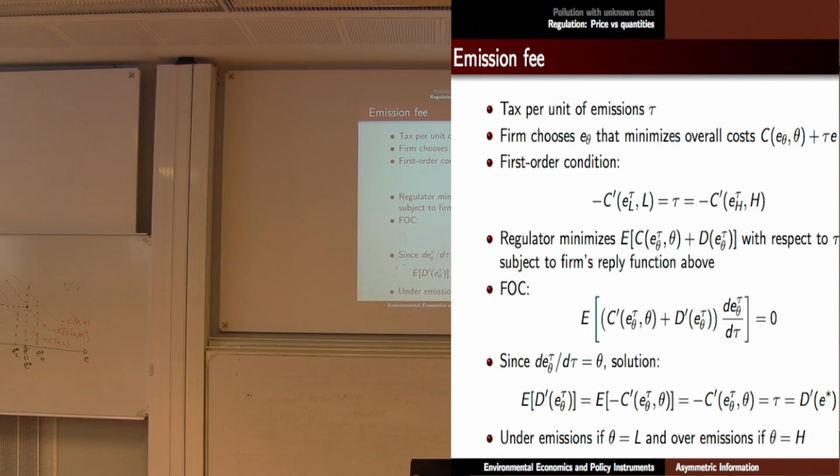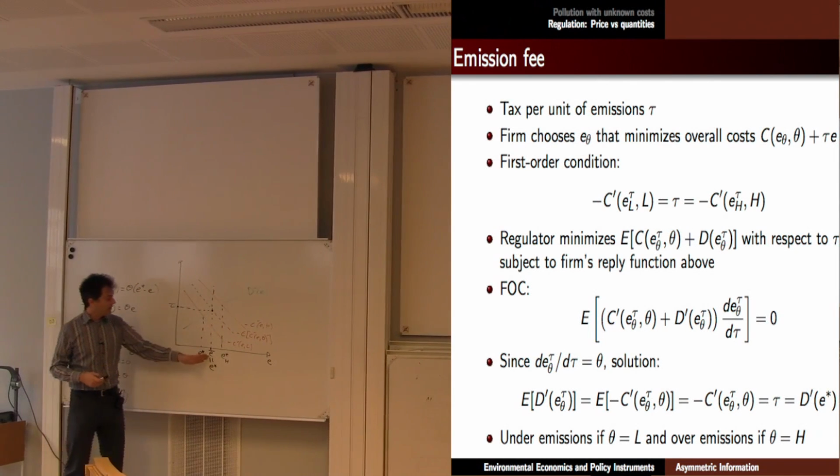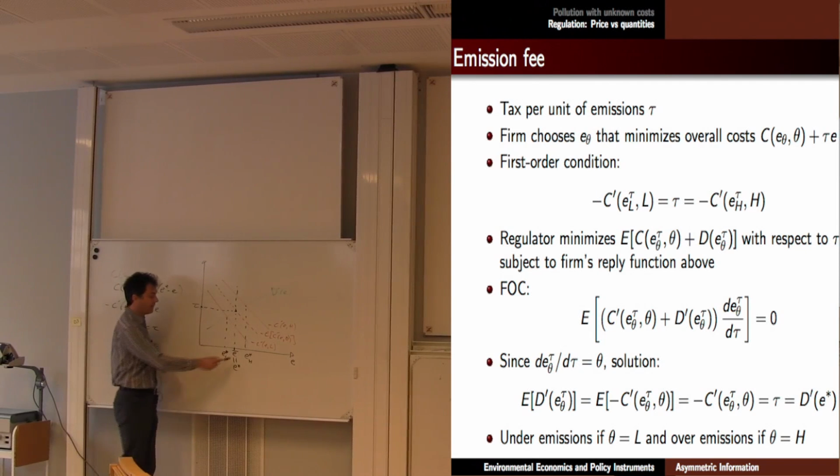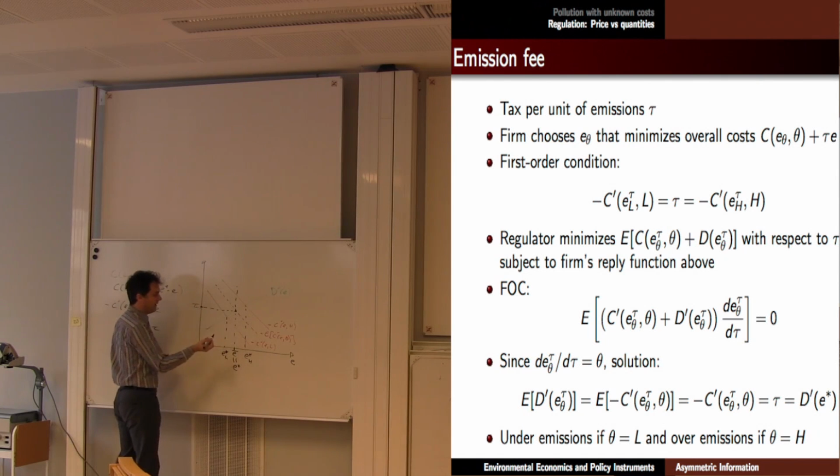Now, the two instruments will have different impact on emission. If you have a cap, as I said, you are sure to get the cap every time, but the costs are not the same. If you have the tax, what happens? With this tax level, the firm reacts by emitting such that abatement cost equals the tax rate, right? So with this tax rate, the firm will choose the level of emission that equalizes the abatement cost.